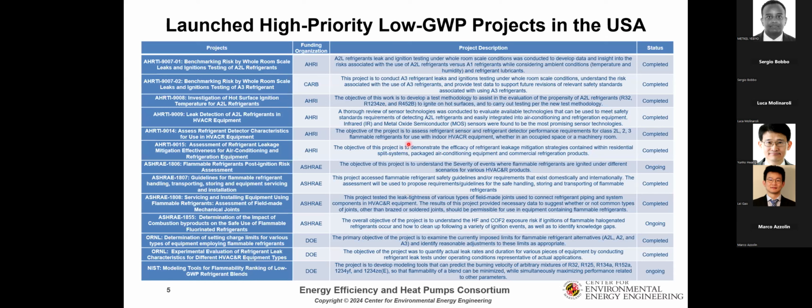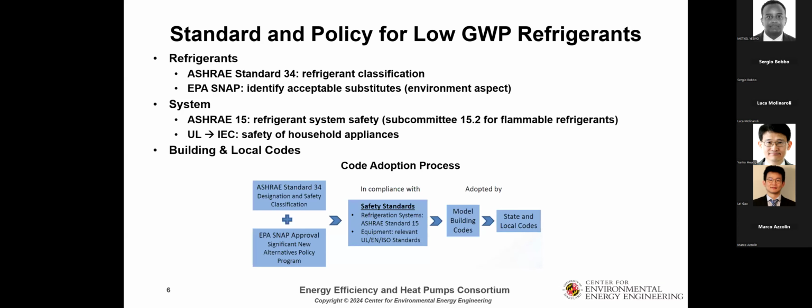I'm sorry, this table seems a little bit small, but they are prioritized among other identified research needs and considered a high priority project by a group of experts, including industrial experts, a major safety standard committee chair and members, and some representatives from the US DOE, Environmental Protection Agency, and National Institute of Standards and Technology.